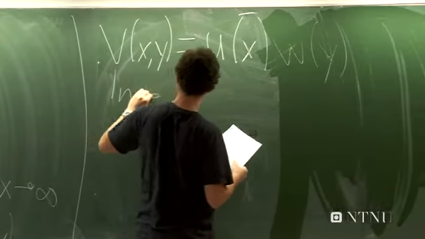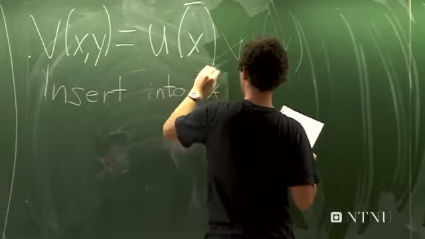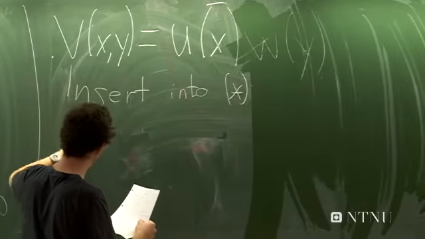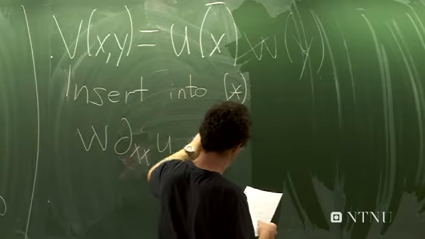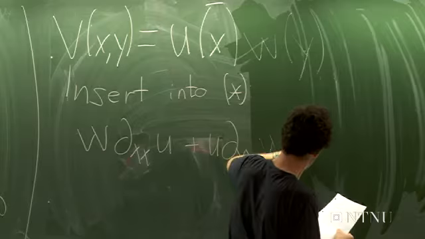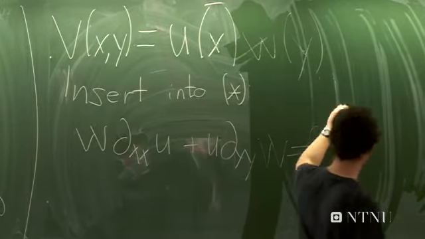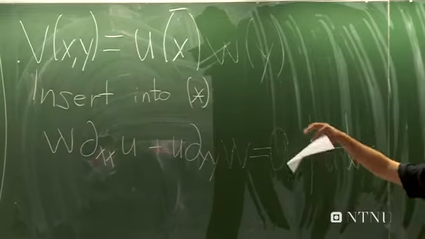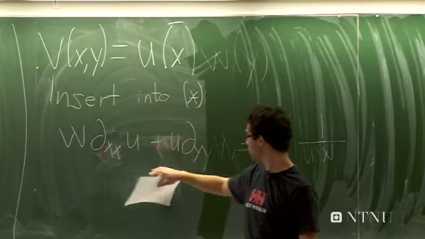Inserting into star, I get the following. Like this, and now I can divide by u times w, or the potential itself. And in that way, I'm going to just get a function of u here and w here.